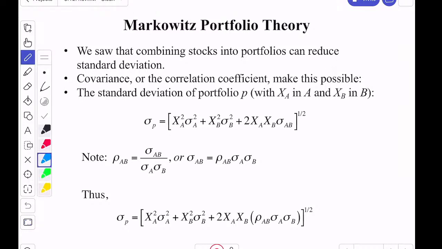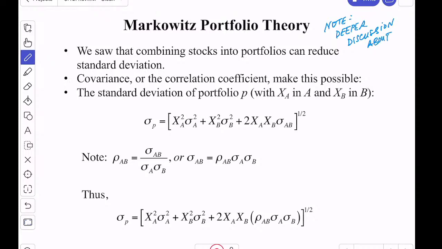So I will make a note here. You need the results, but we won't go into the depth of it. Okay, so we need the results.